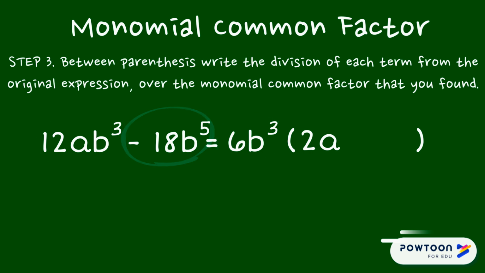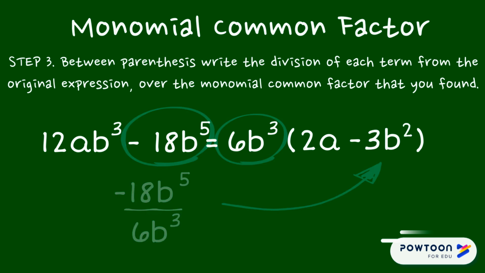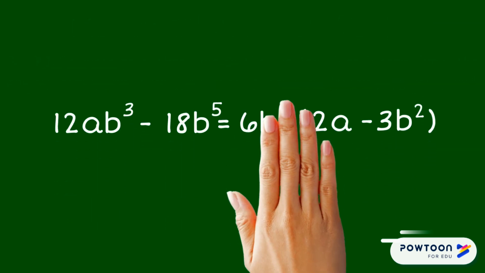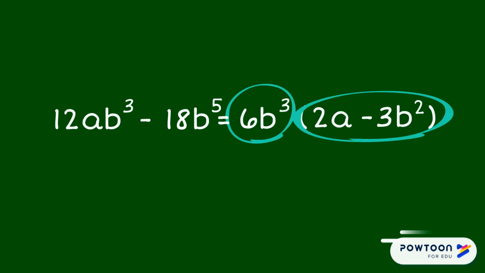Then we should divide minus 18b raised to the 5th power over 6b cubed, and the answer would be minus 3b squared. This is my final answer. As you can see again, we have split the original expression into a product of two simpler expressions.